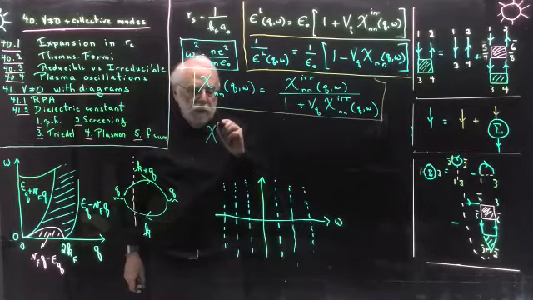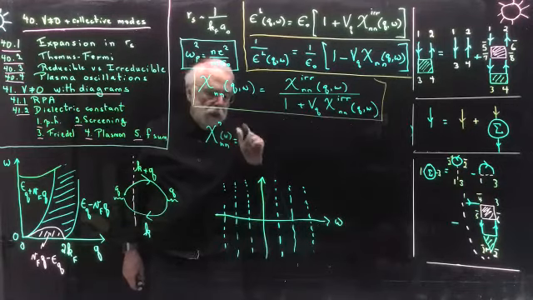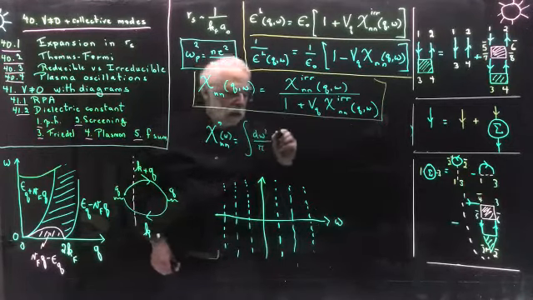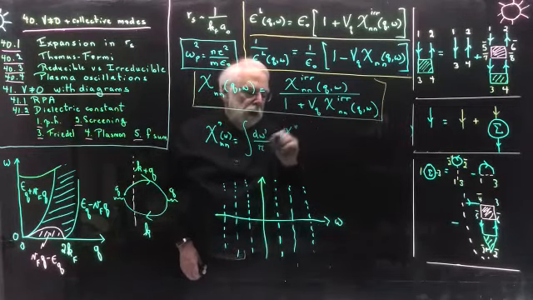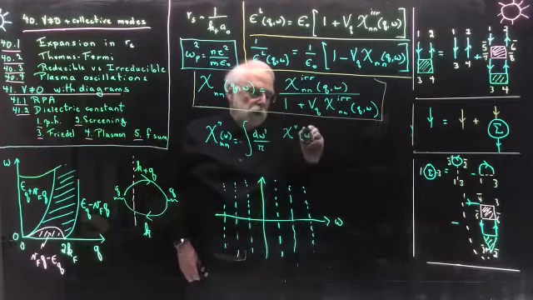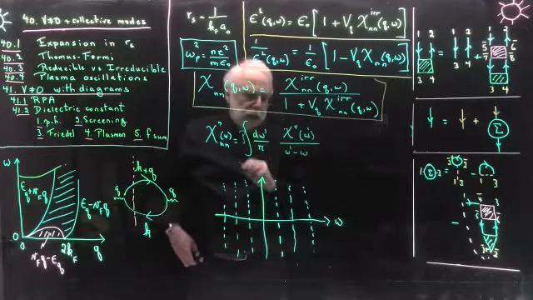So chi prime, the real part of Nn is equal to, let me put omega. Let's forget about Q for now. So that's the integral d omega prime over pi of chi double prime of omega prime divided by omega prime minus omega, principal part, right?